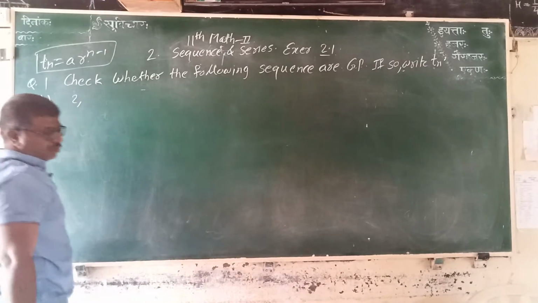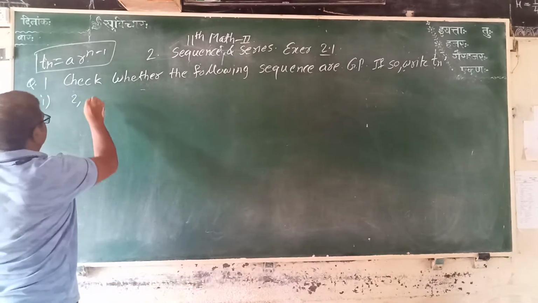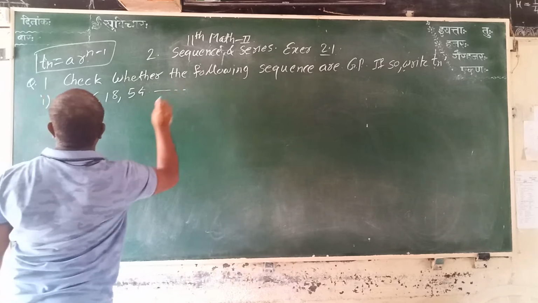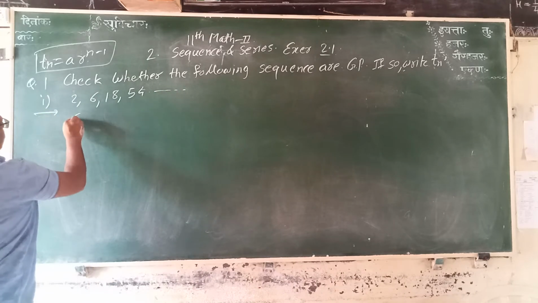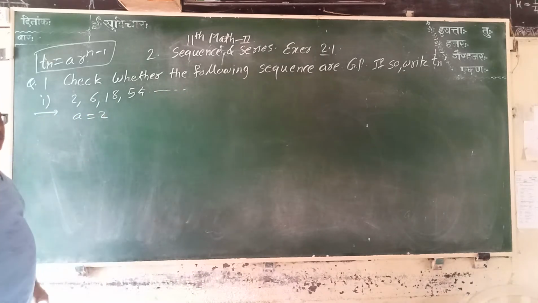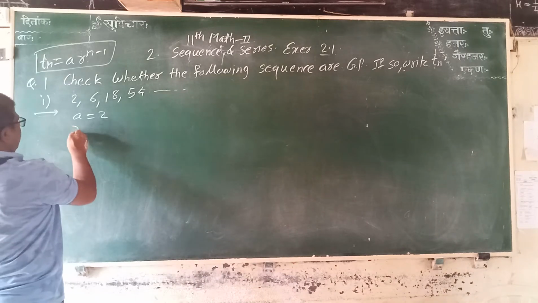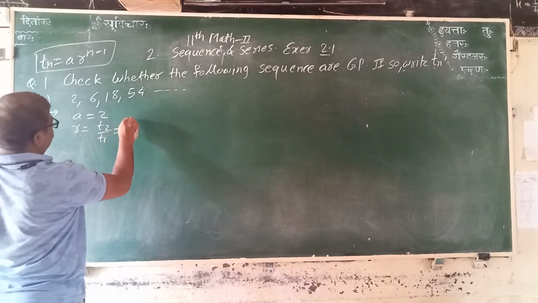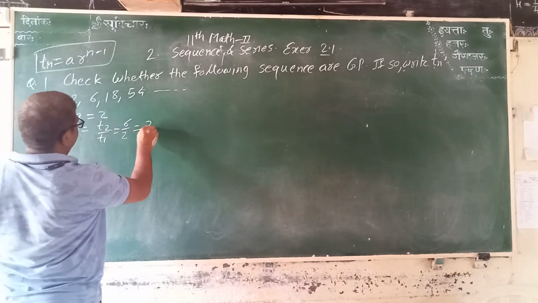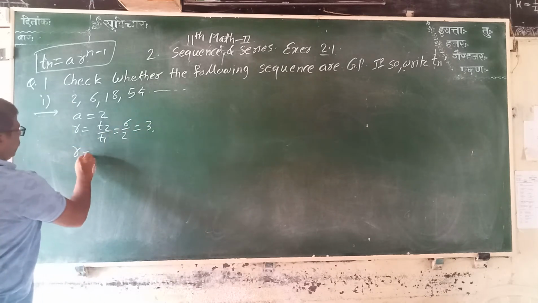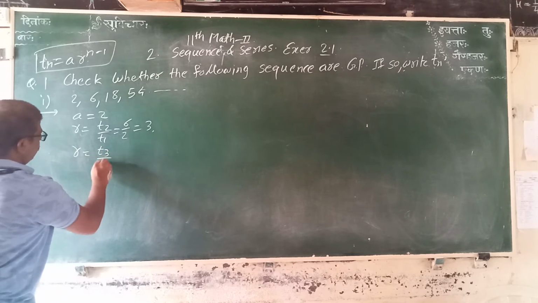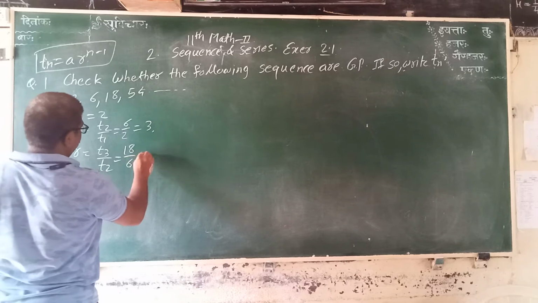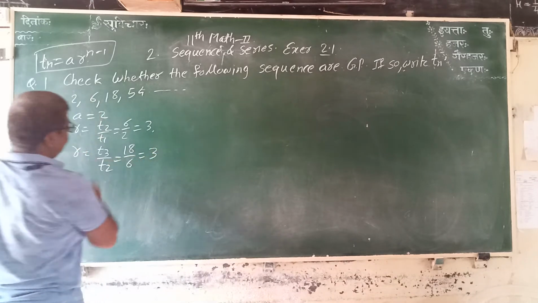Example number 1 is 2, 6, 18, 54, and so on. For that, a is equal to 2, the first term. Now, r is equal to T2 upon T1, that is 6 upon 2, which is 3. Then r is equal to T3 upon T2, that is 18 upon 6, which is equal to 3.